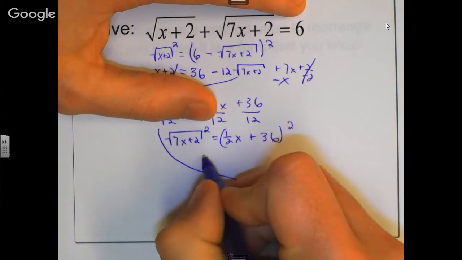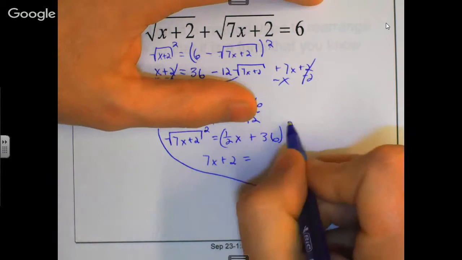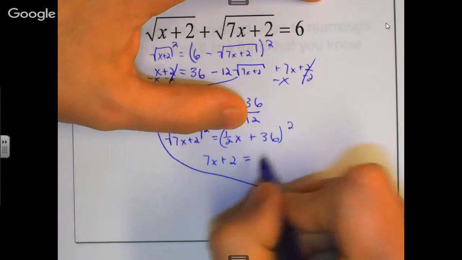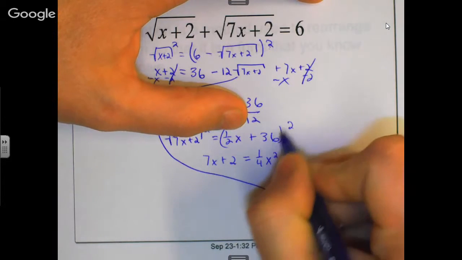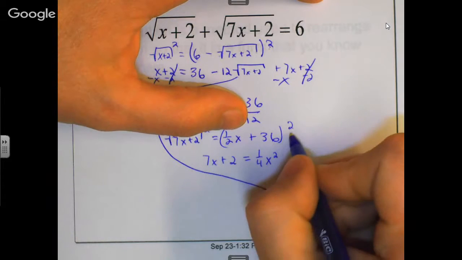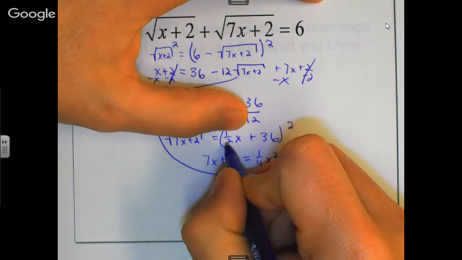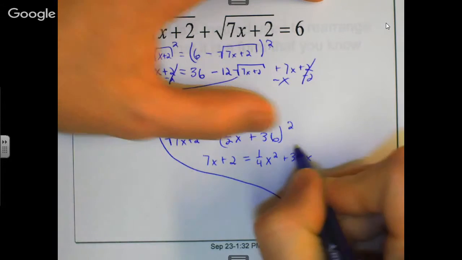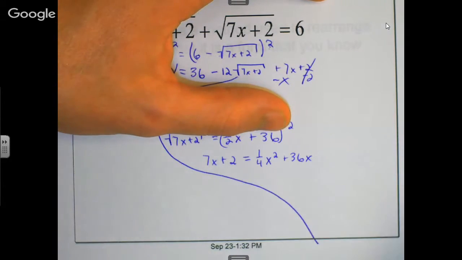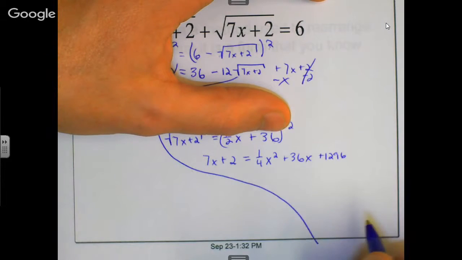So then you have 7x plus 2 equals. Again, we're FOILing this, so square the first, 1/4 x squared, multiply them all together, so you have 2 times 1/2 x, which is x, times 36, and then square the last. So you have 36 times 36, 1296.